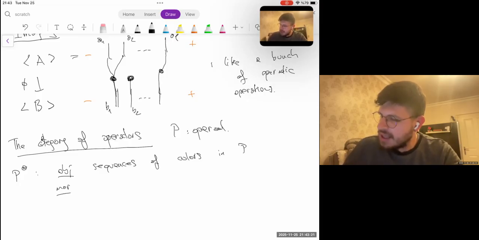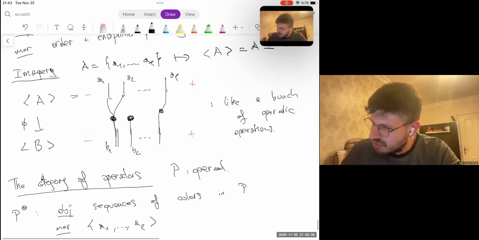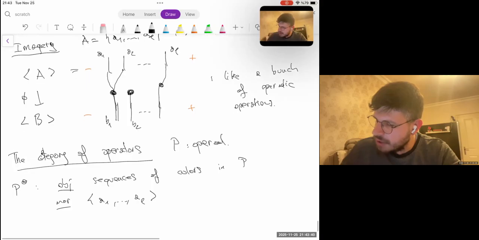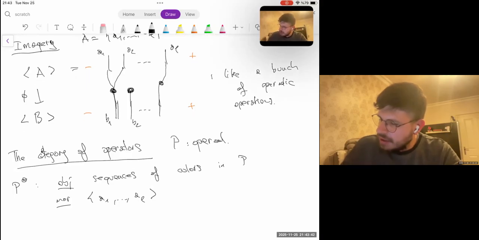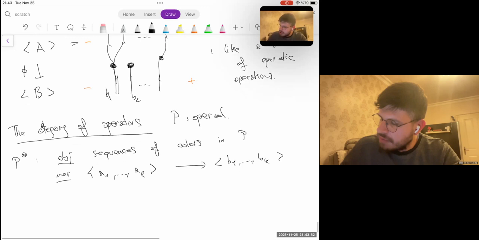Okay, so I have a sequence of colors A1 through AL, which I think of as an element of the finite ordered sets category that I described here, to B1 through BK. A morphism has two components.